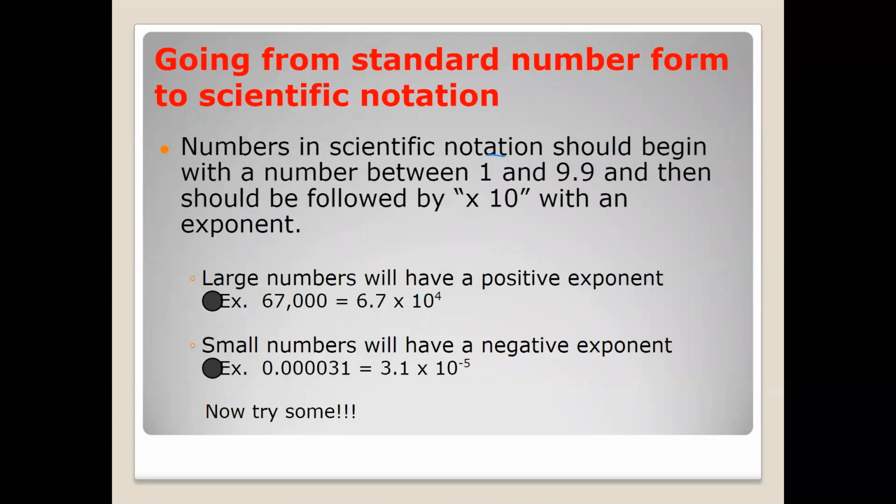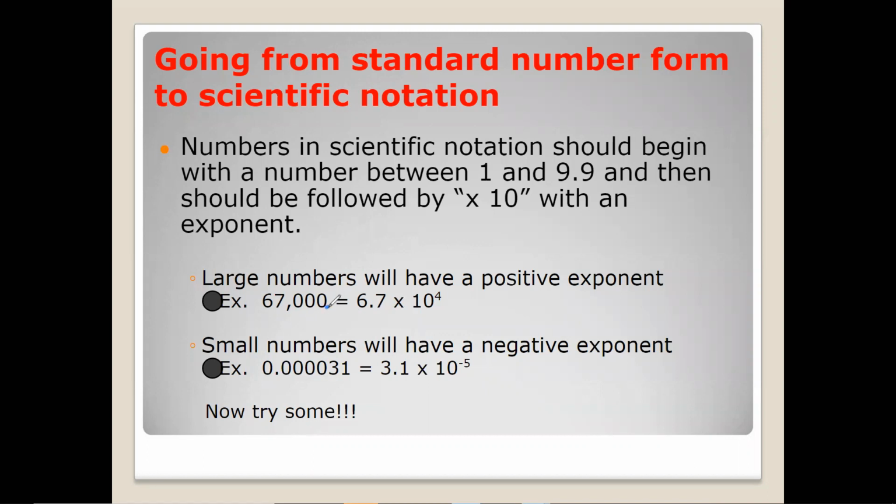Okay, so next, you could do the opposite thing. You could go from standard form and want to put that number in scientific notation. So essentially, you're going to do the opposite thing that I just showed you how to do.